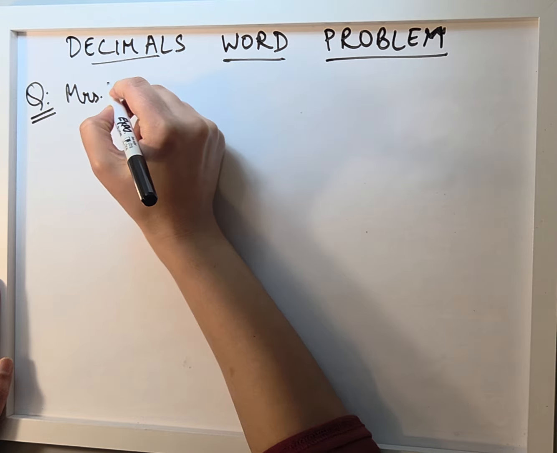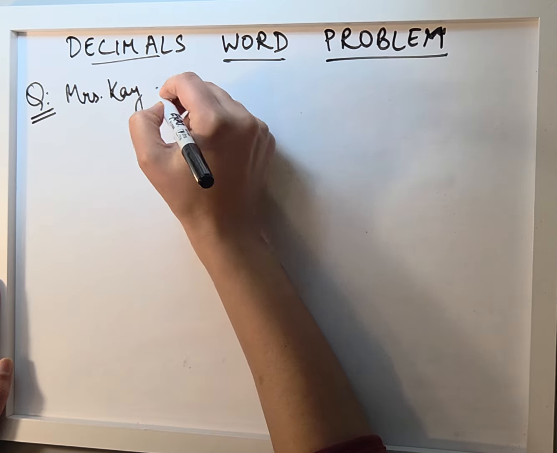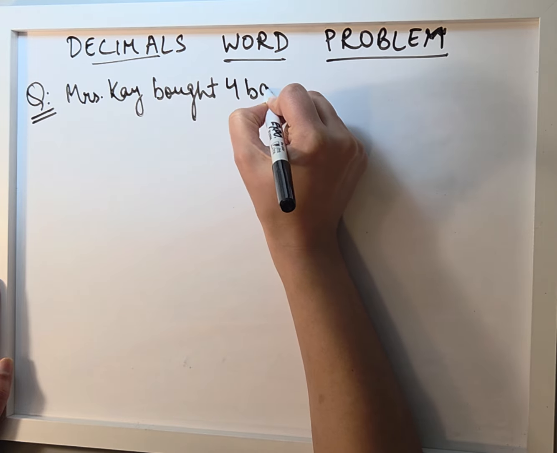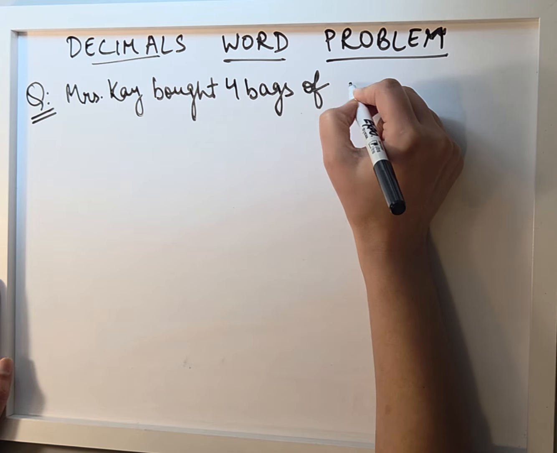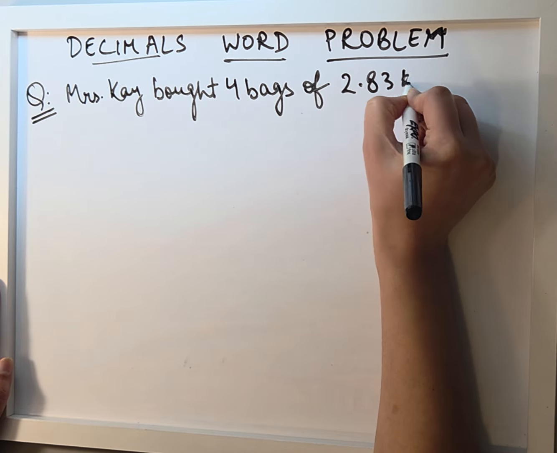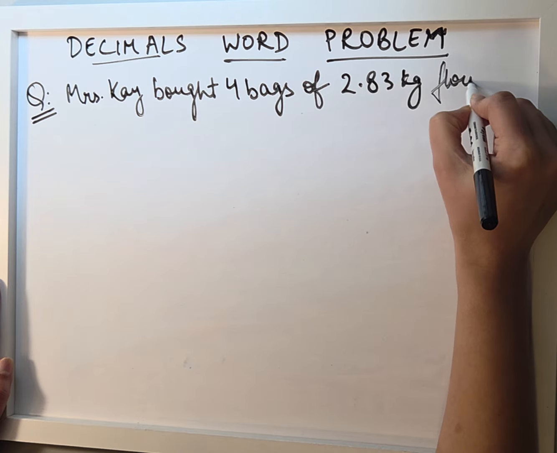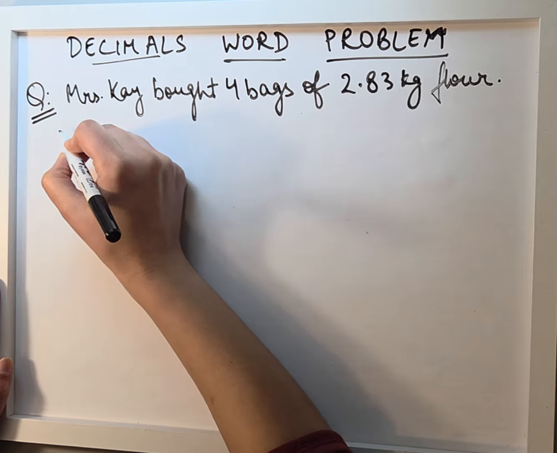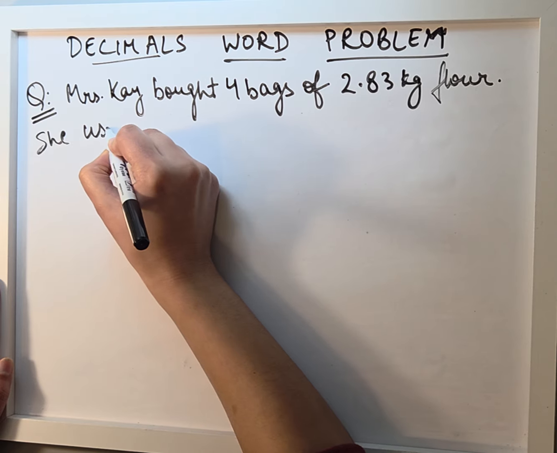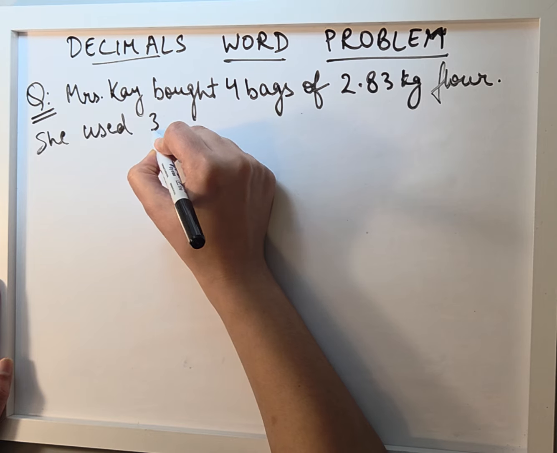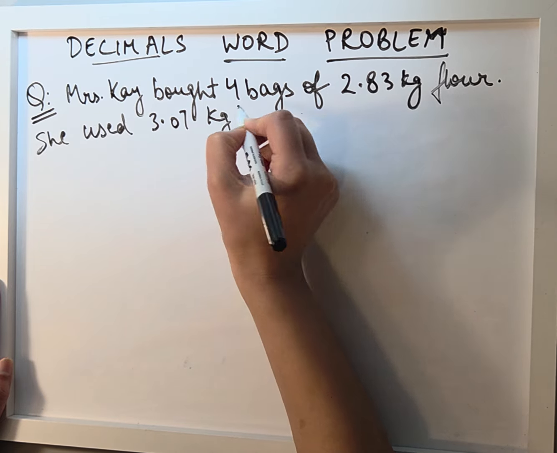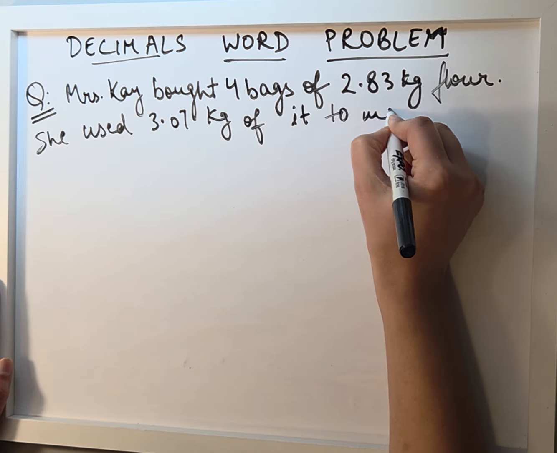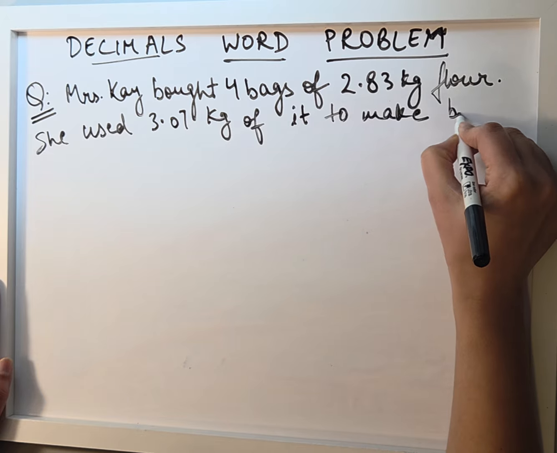Mrs. K bought 4 bags of 2.83 kgs of flour. Okay. She used 3.07 kg of it to make bread.